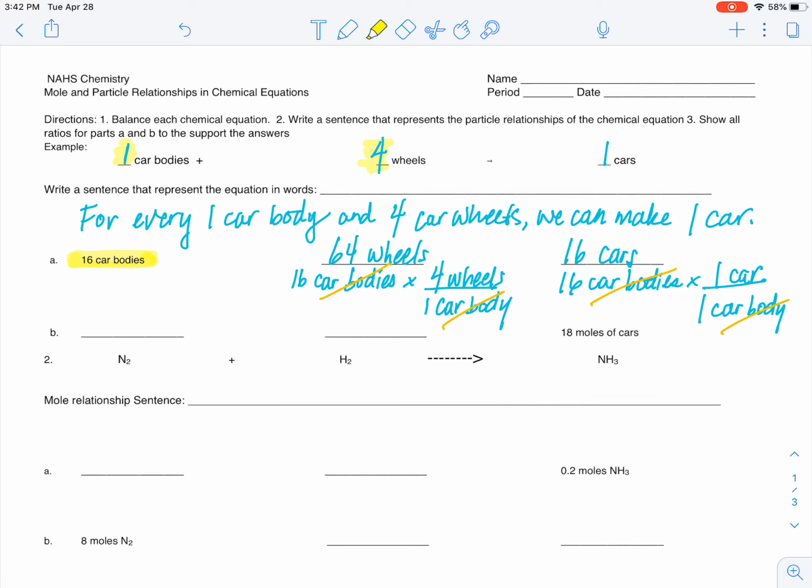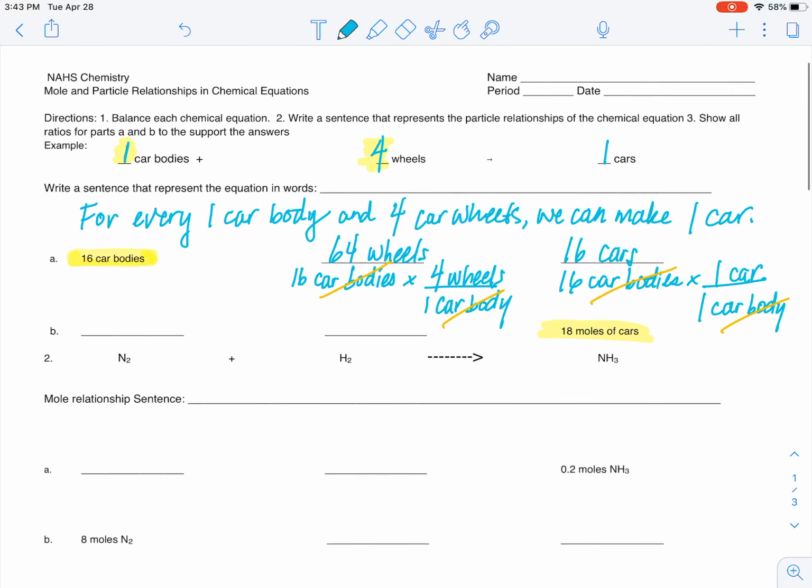So let's say that in this next example, we have 18 moles of cars that are produced. And we want to determine how many moles of car bodies and how many moles of wheels we would need. Again, a mole is just a counting number that represents a certain amount of particles. So let's go ahead and start with our given.